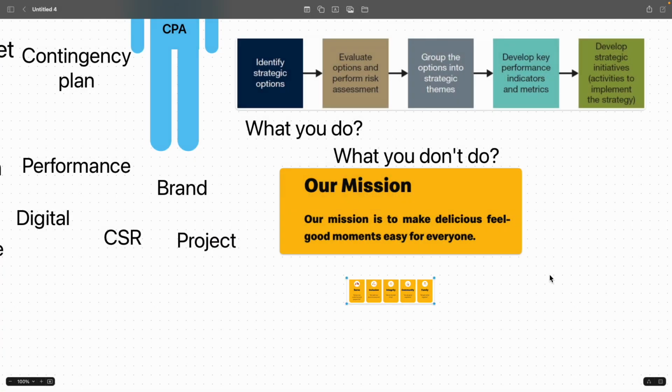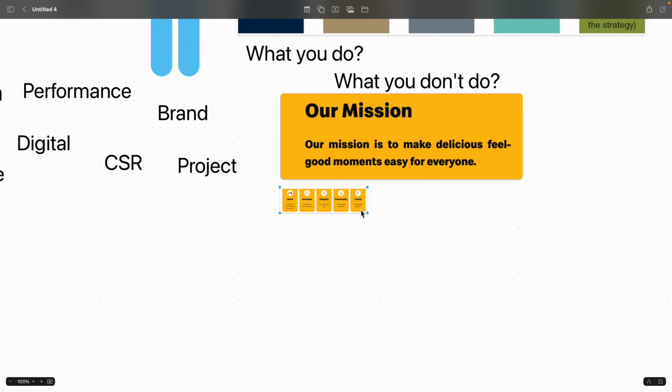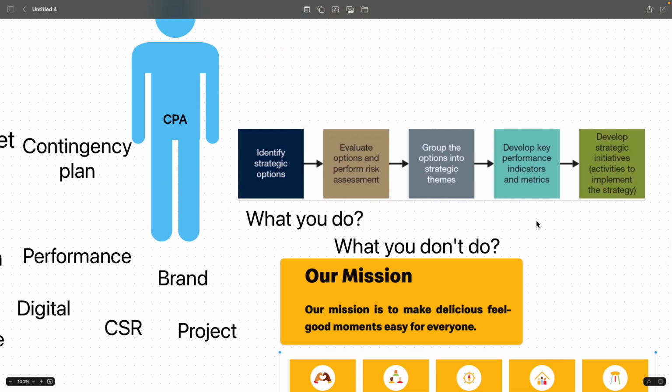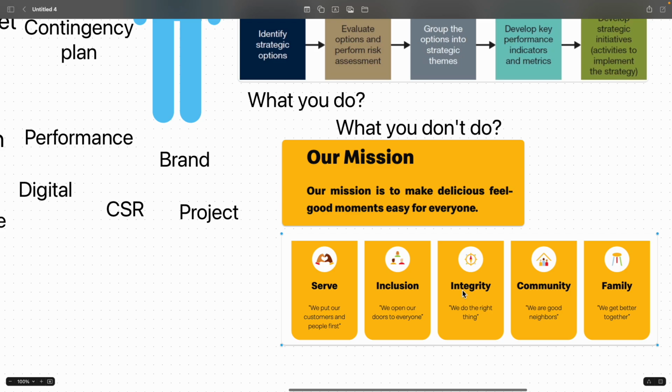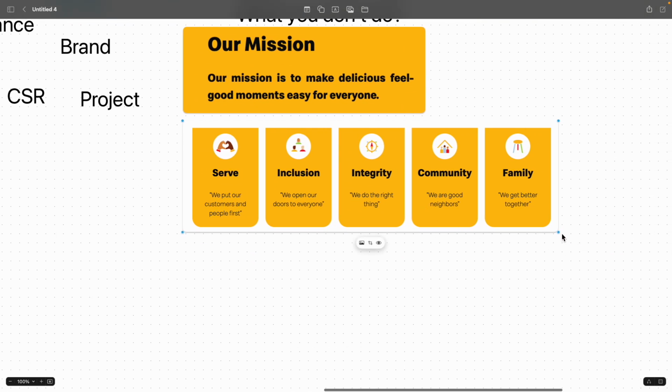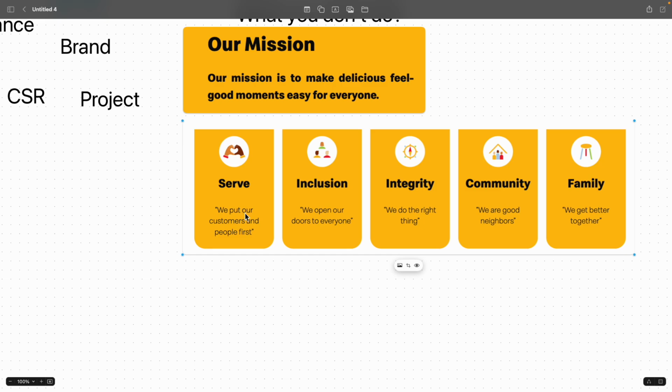So, the mission and values, remember, their job is to support all the development of other things. So if you develop a strategy, you should see whether it fulfills this and it's consistent with this. Are you okay? So things that they are saying here, we put our customers, people first, we open our doors to everyone, we do the right thing, we are good neighbors, we get better together. Very generic words, but that's the idea there.